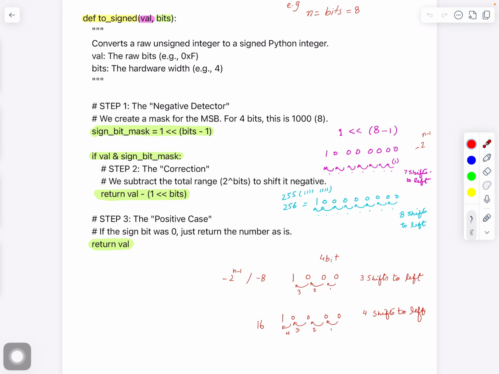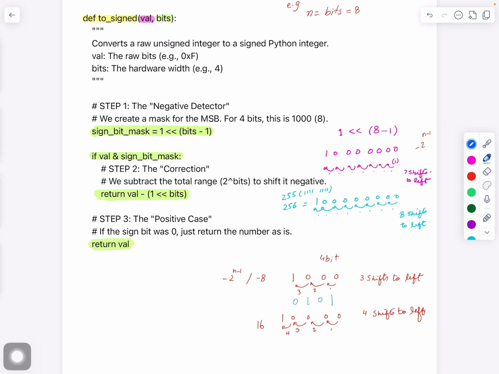So let's see, this value comes in and we are checking if this is equal to this or not. So this is doing the AND. Everything else is 0. Let's say a number comes 0, 1, 0, 1.